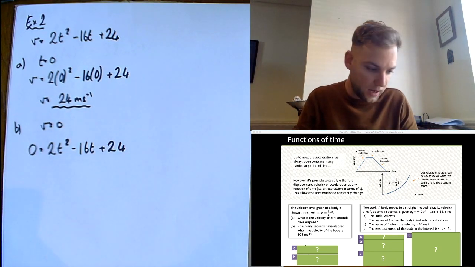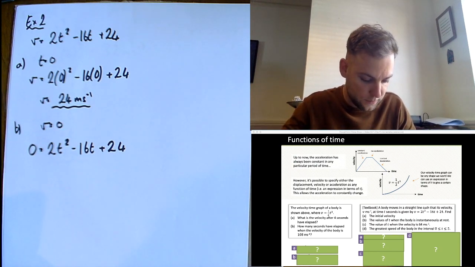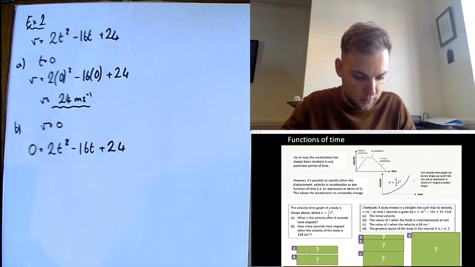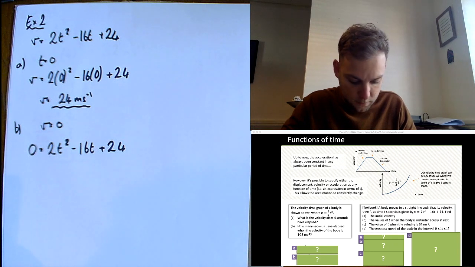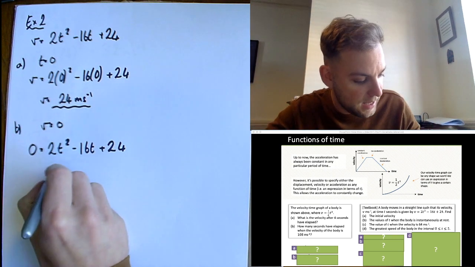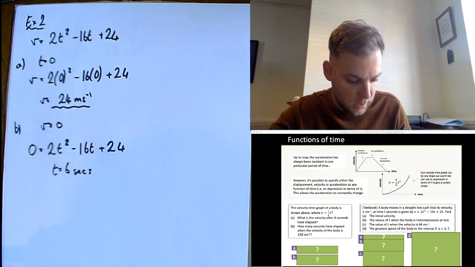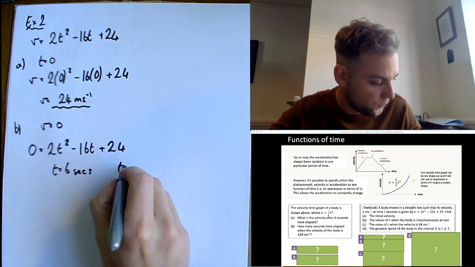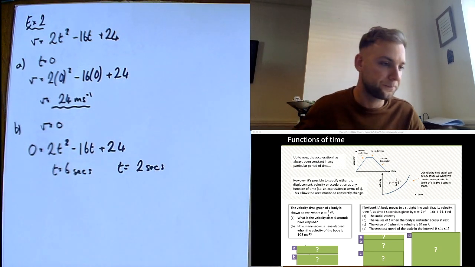We can sub that straight into our calculator, a polynomial of degree 2. So it's 2t squared minus 16t plus 24. We get two solutions: when t is equal to 6 seconds, and we also get when t is equal to 2. So these are the two times when it is at rest.